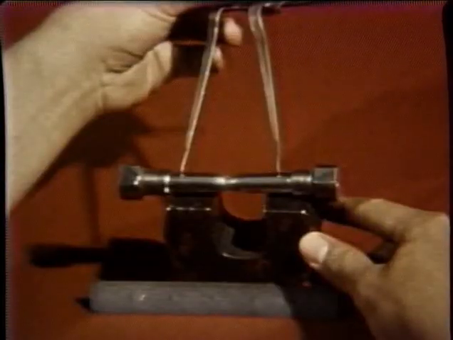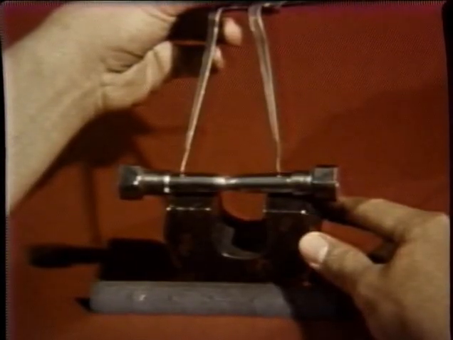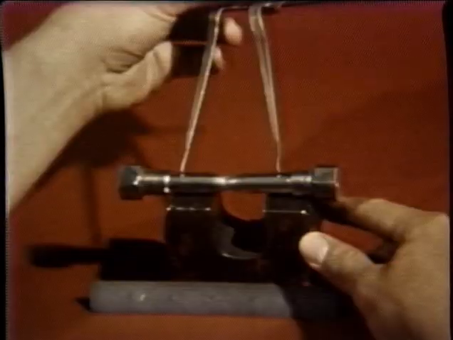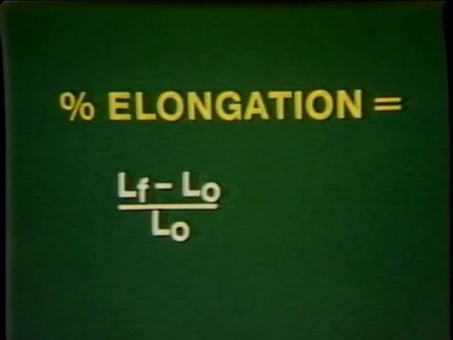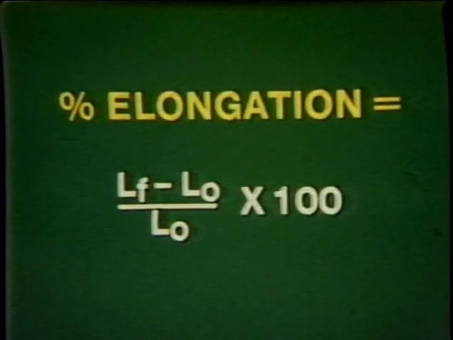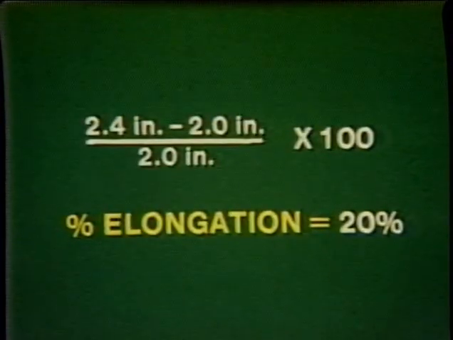The percent of elongation is determined by measuring the final length between the punch marks. The difference between the original and final lengths is divided by the original length and then multiplied by 100 to obtain the percentage. In our example, the percent of elongation is 20%. A higher percentage indicates a greater ductility.